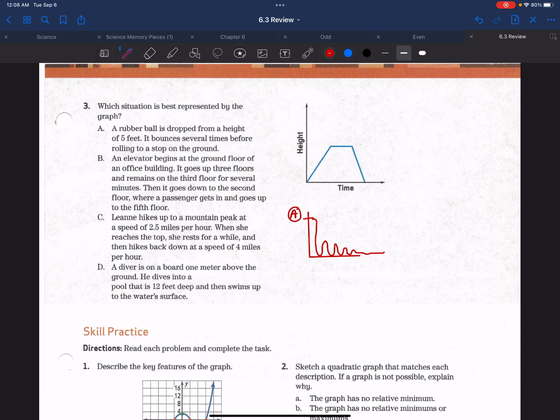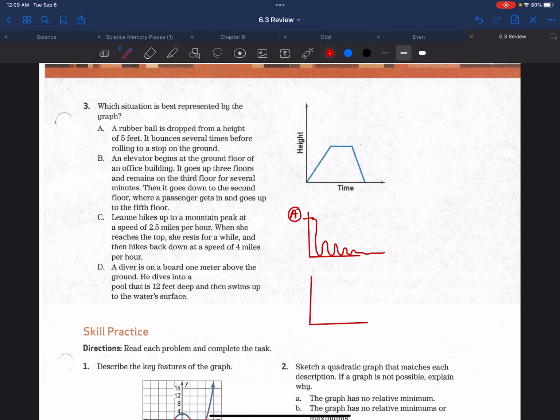An elevator begins at the ground floor of an office building. It goes up 3 floors and remains on the 3rd floor for several minutes. Then it goes down to the 2nd floor where a passenger gets in and goes up to the 5th floor. So let's model that picture on a graph.